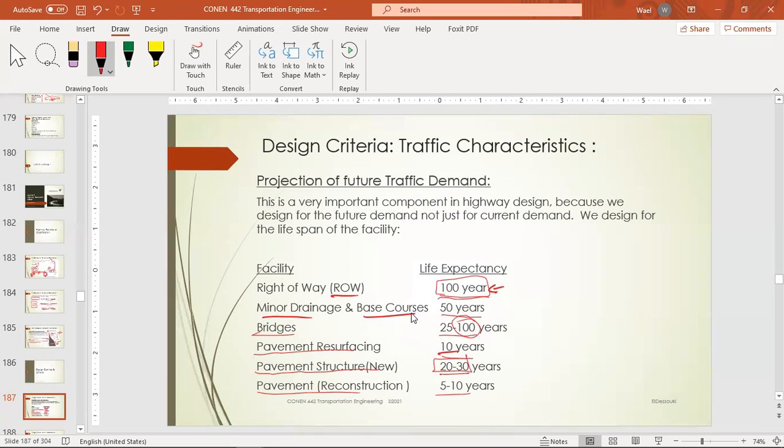For a new pavement structure, we plan for maybe 20 to 30 years. Basically, we might get the right of way for 100 years, but the pavement structure we construct for a projection of 20 to 30 years to come. Pavement reconstruction, 5 to 10 years. Any questions so far?